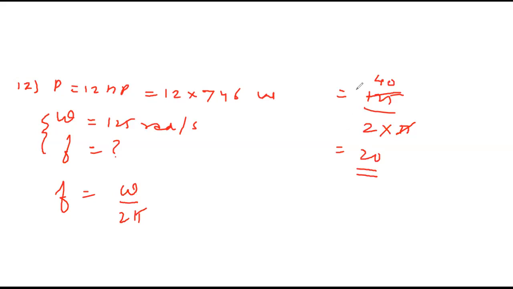Answer. Okay. 13th one. A wheel rotates with constant acceleration of 2 radian per second square.